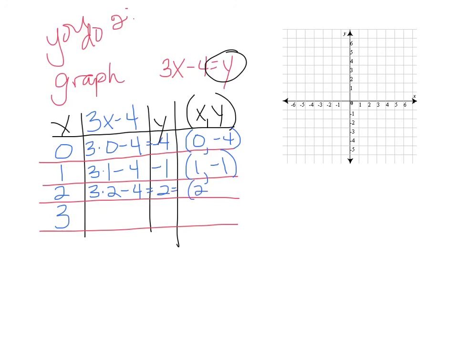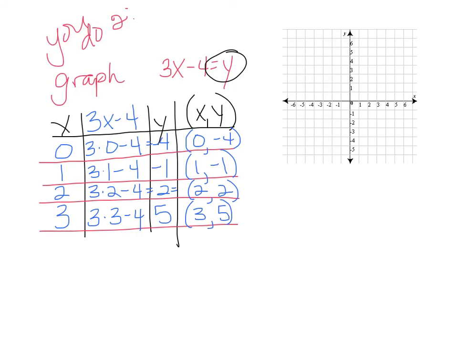So when x is 2, y is 2, positive. And finally, on the 3 row, when x is 3, we have 3 times 3 minus 4. 3 times 3 is 9, and 9 subtract 4 is 5. So when x is 3, y is 5.